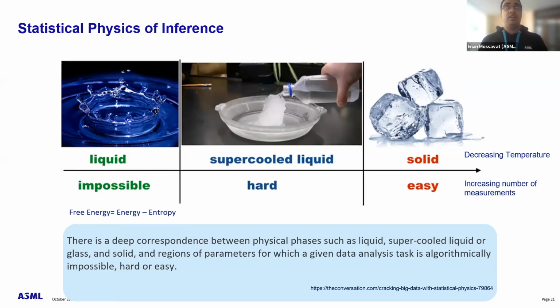You can see free energy all over the machine learning literature, for example, in autoencoders, variational autoencoders. And then there is a point where it's easy to find that crystal state. It's the same happening here. And this is not a pure analogy. The mathematics of it is the same. So the mathematics that governs inference and data science is the same mathematics that governs the state of matter.